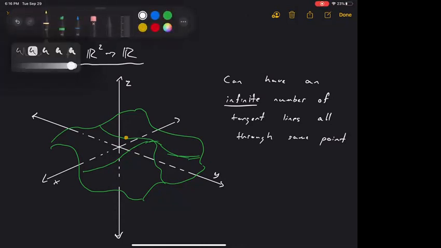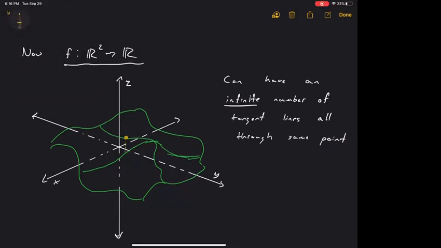Well, maybe it's the point that is mapped from this point in the XY plane. So maybe this point down here in the horizontal plane is (a, b, 0), and then this point up here would be what? (a, b, f(a, b)), right?